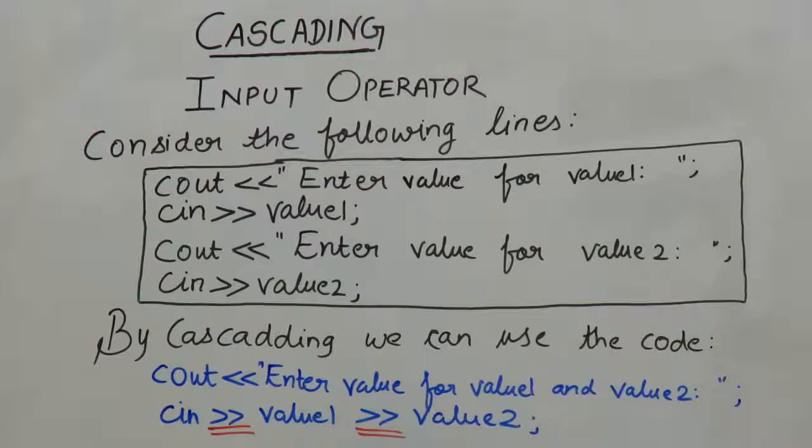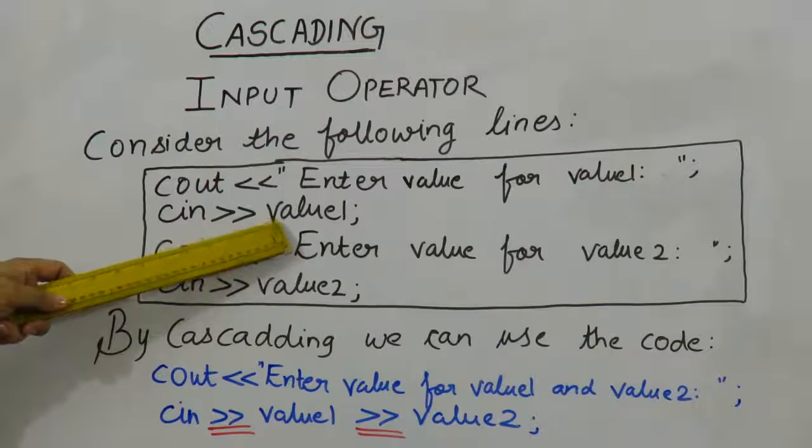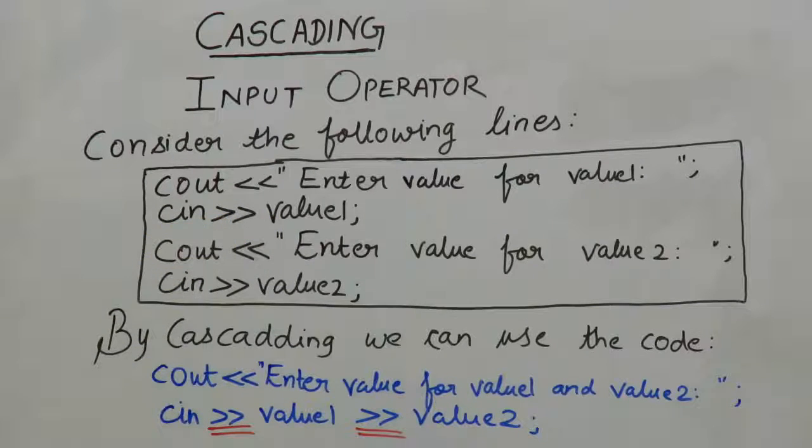We use cascading with the input operator as cin, input operator, value 1, input operator, value 2. By using this, our cin statement will now wait for 2 values to be inputted from the keyboard. In the previous code, only one value was inputted in one cin statement. The cin statement waited for only one value and an enter key.